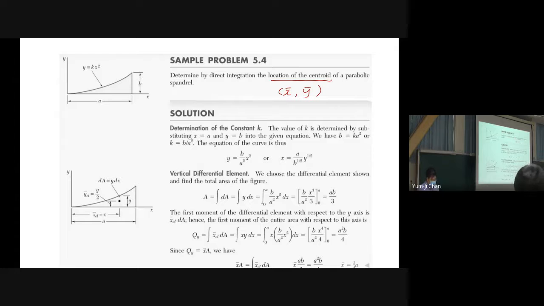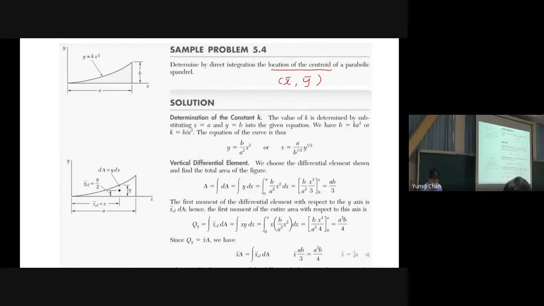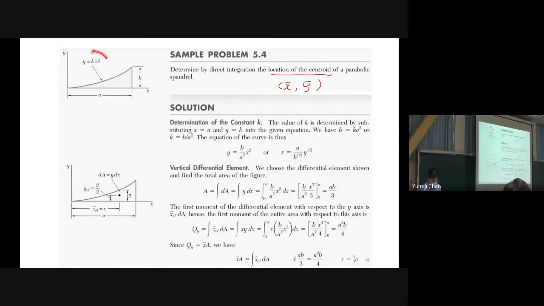For x bar, first of all we determine what k is. k is equal to c over a squared. Next we determine x bar.